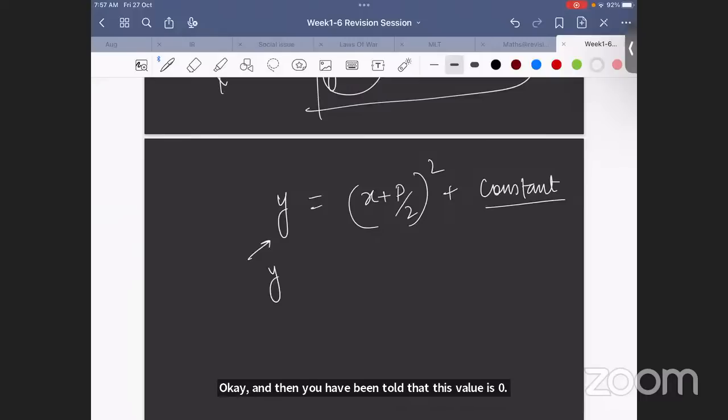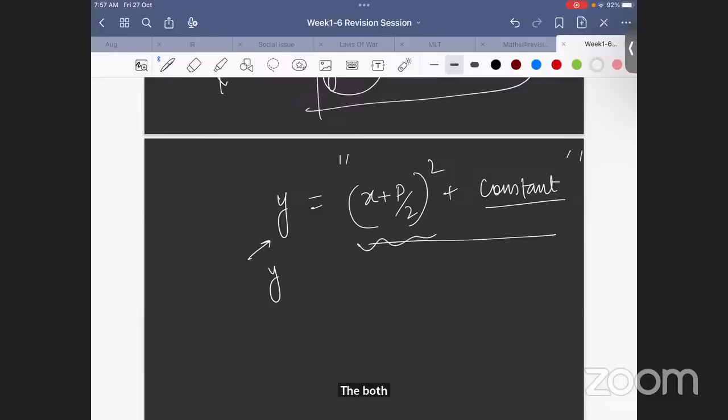When can it be 0, what conditions will you put here? What should be the value of the constant and of the square term, so that the whole equation becomes 0? So both the values should be 0.